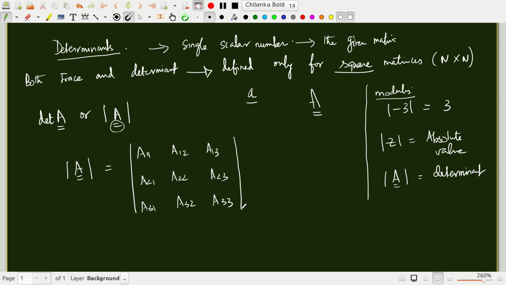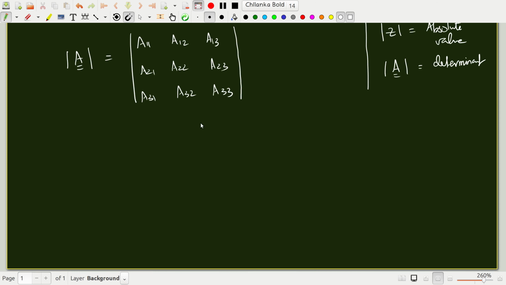Now, how do you calculate that scalar number? That's the point that we're going to discuss. In order to come up with an algorithm for calculating the determinant of not just 2 by 2, 3 by 3 matrices, we are interested in a general definition of determinant of n by n matrices.